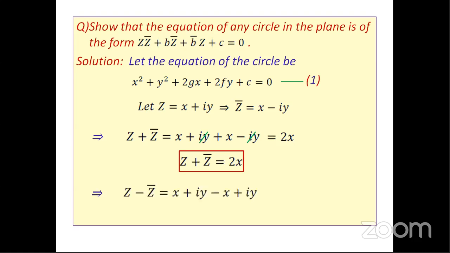Now z minus z bar is x plus iy minus of this, isn't it? So you will get minus x plus iy. So here x terms are getting cancelled. That is x and minus x, they get cancelled, and you will be left with 2iy, right?